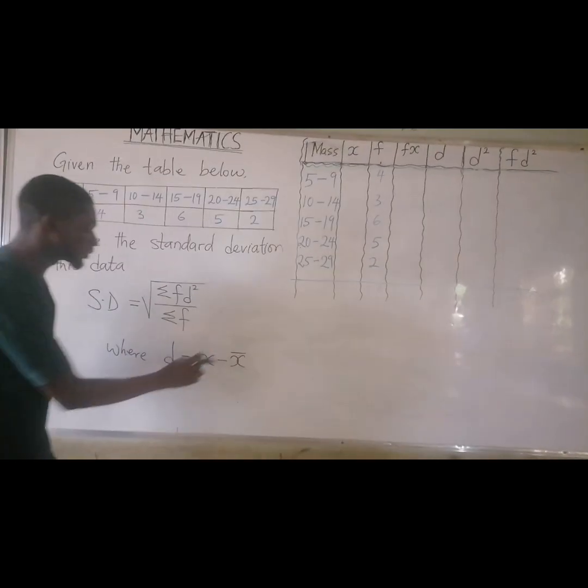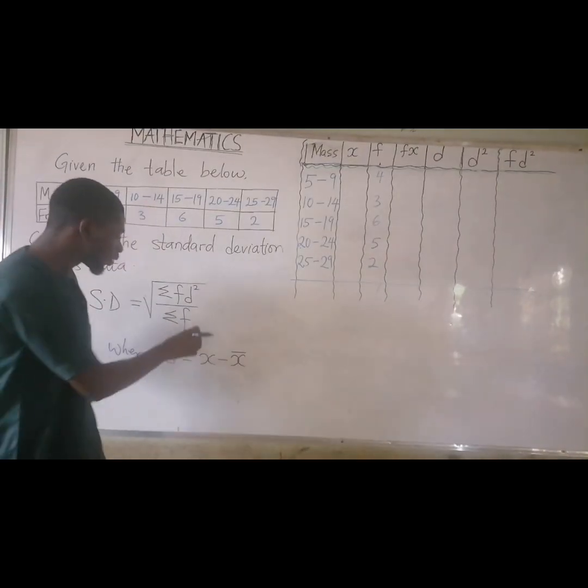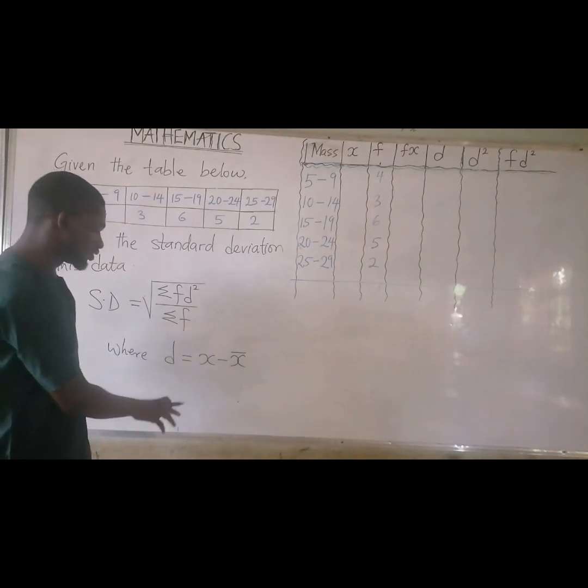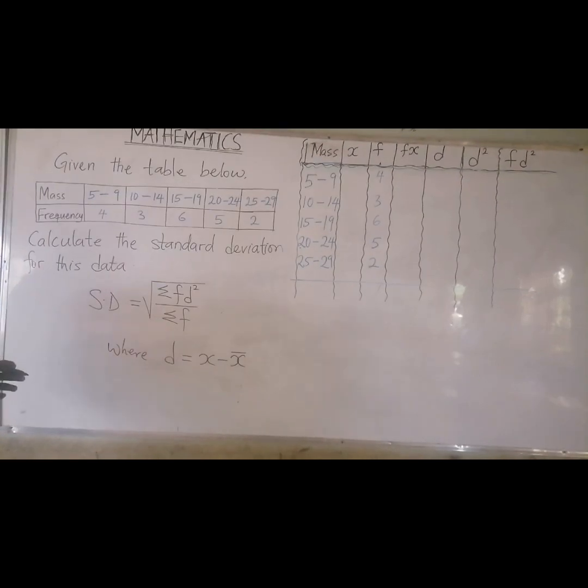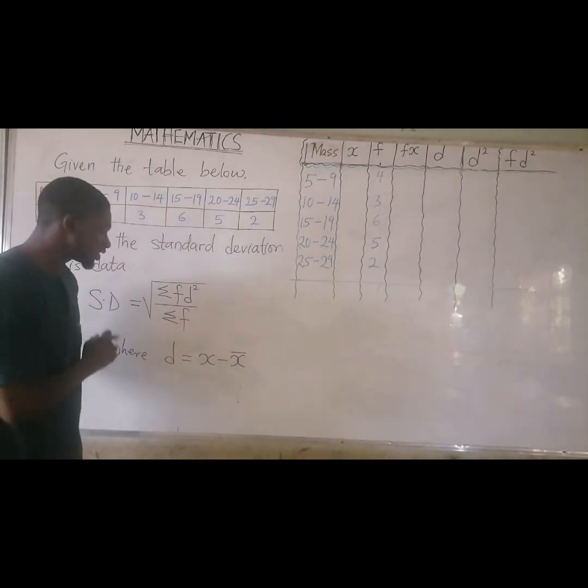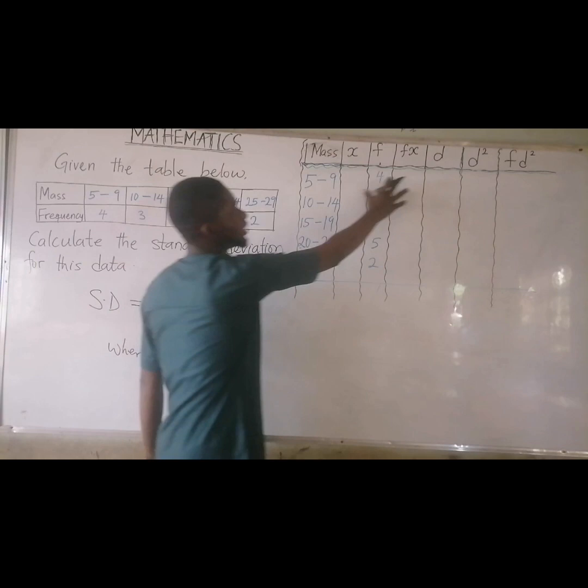That is, you are going to be subtracting the mean value from each of the values in the given set. But this is a group data, so to be able to determine it, we have prepared this table.